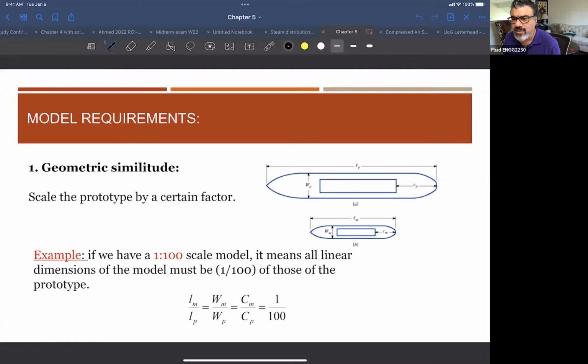And one of the very common sense first steps is basically applying what we call geometrical similitude or geometrical similarity.